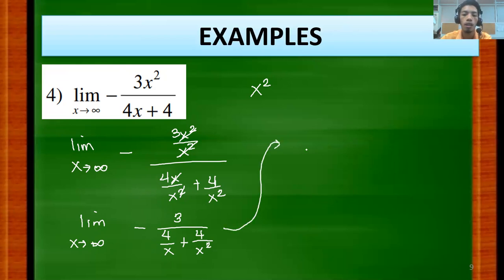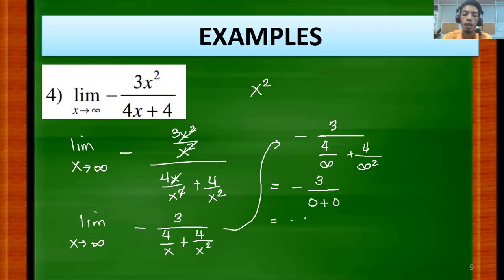So you will have negative 3 over 4 over infinity plus 4 over infinity squared. Again, anything divided by infinity becomes 0. So that is negative 3 over 0 plus 0.